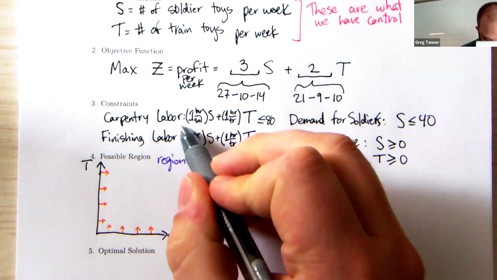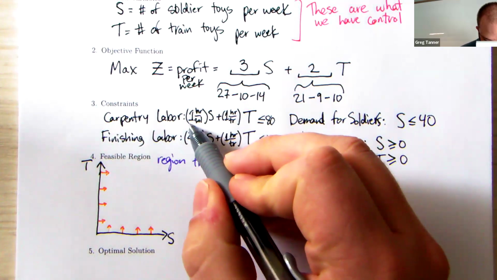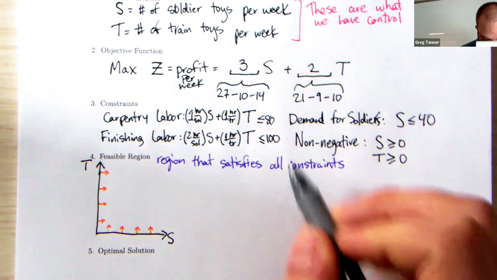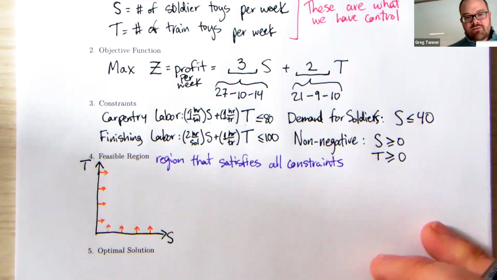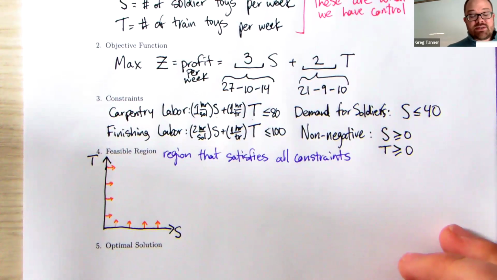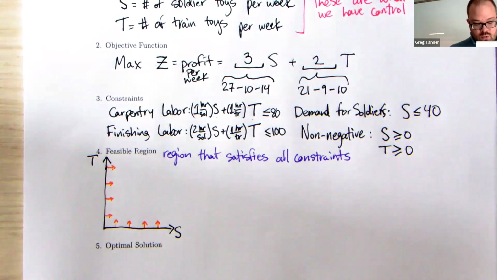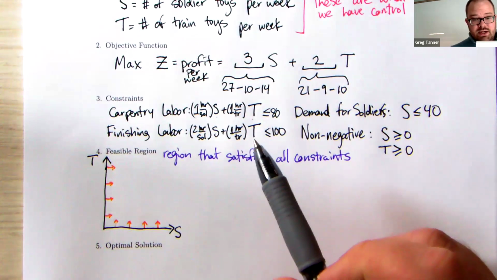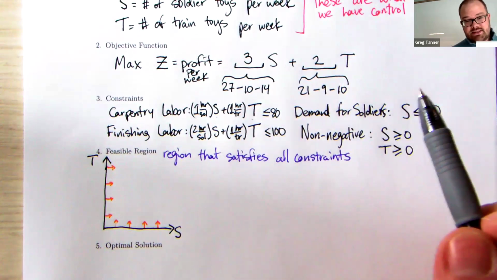So let's talk about carpentry. We've got 1 times s plus 1 times t less than or equal to 80. Oftentimes, the easiest way for me to graph these is to essentially plug in numbers for s and t and figure out where they end up on this plot. The easiest values to plug in are 0 for one and then 0 for the other.